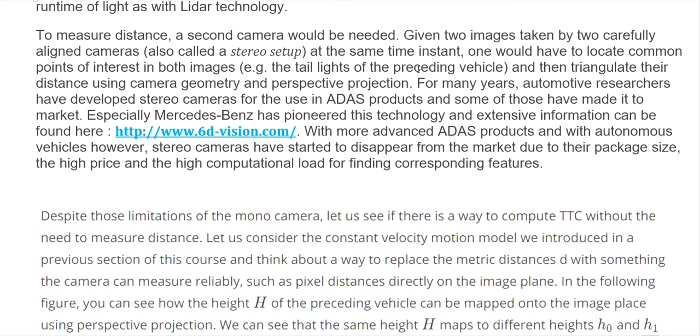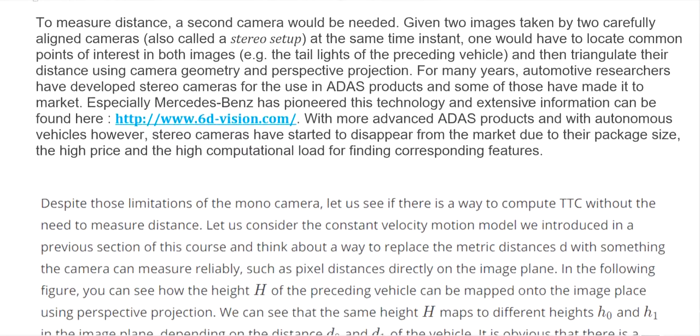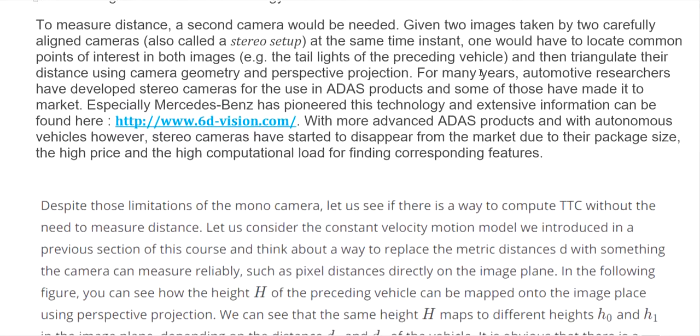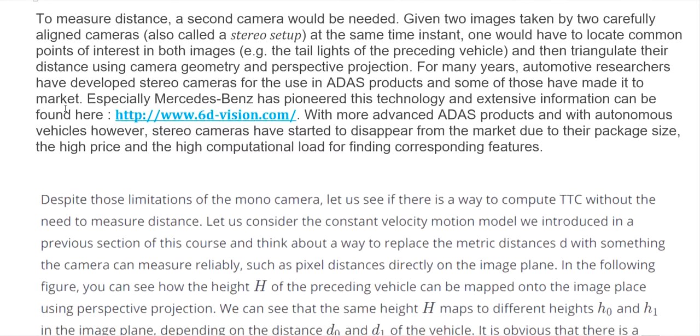You can see that autonomous vehicles right now use two cameras for calculating the time to collision. Given two images taken by two carefully aligned cameras at the same time instant, one would locate a common point of interest in both images and then triangulate its distance using camera geometry and perspective projection.